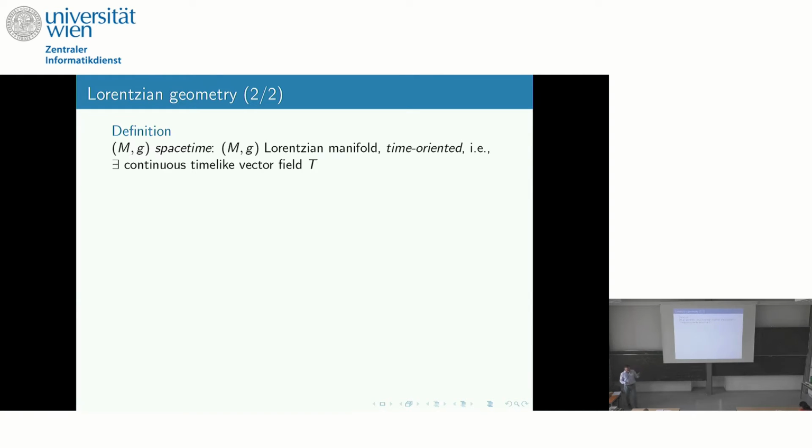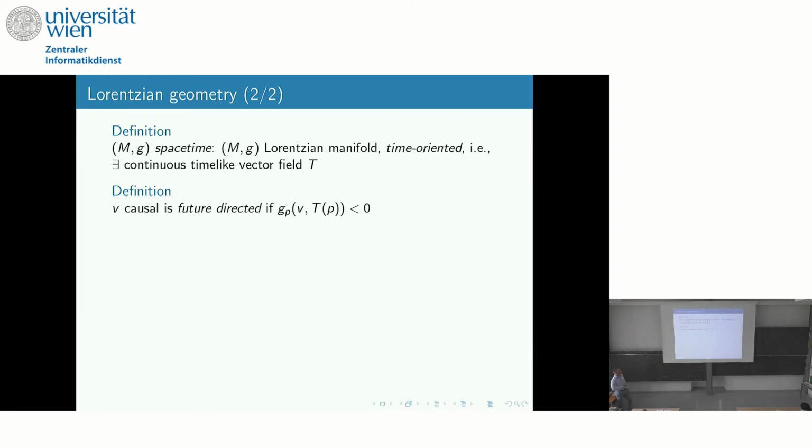And for doing that in a compatible way, you assume that you have a continuous way of making this choice, and this amounts to saying that there exists a continuous time-like vector t, which at every point tells you what is the future and what is the past. This is called a time orientation, and a spacetime is by definition a Lorentzian manifold with a time orientation.